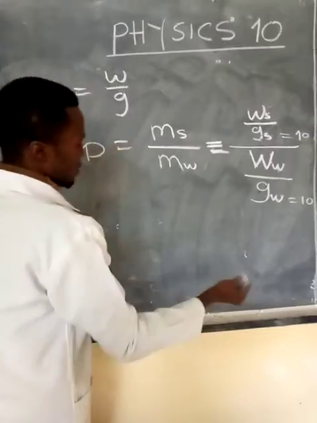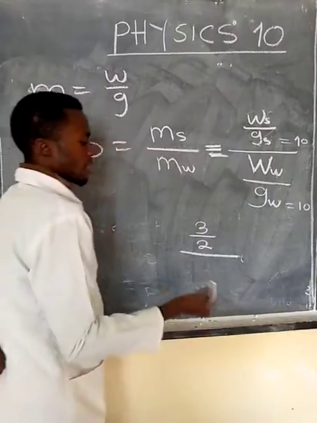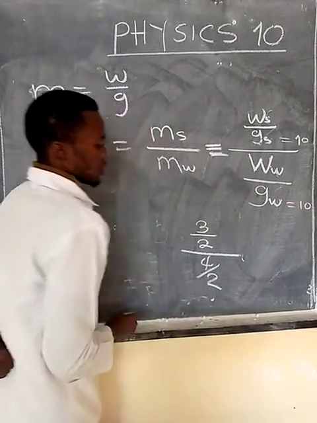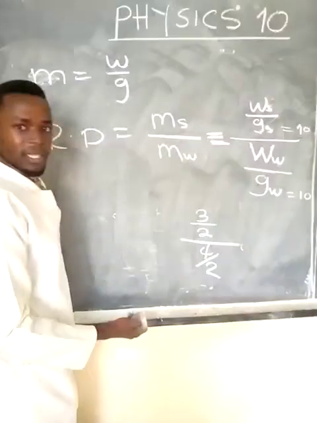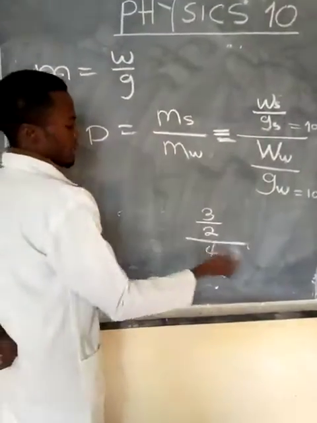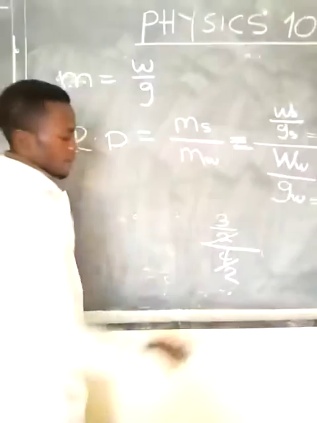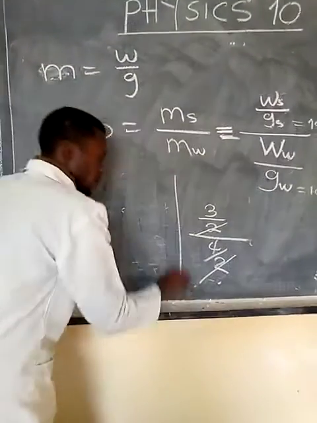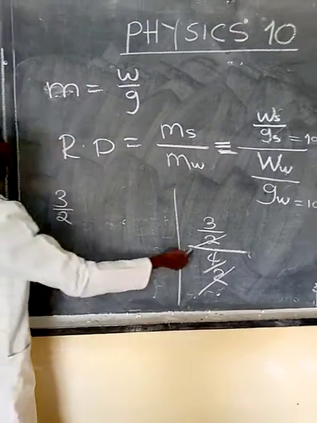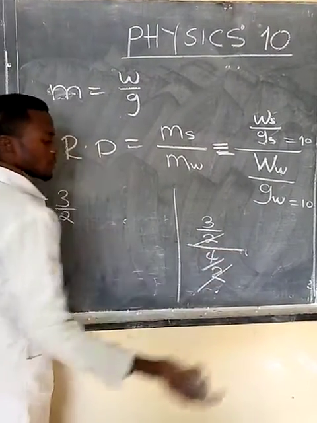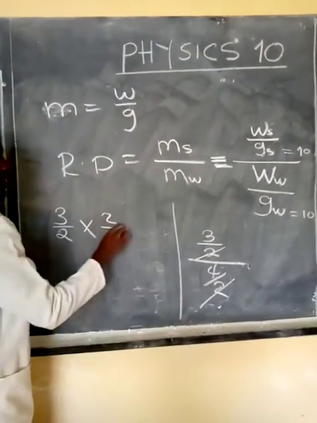If you have something like 3 over 2 over 4 over 2, we are simply saying this fraction divided by this fraction. Instead of doing all those calculations, you just cancel, since the denominators are the same. If you want to prove it, you say 3 over 2, then when you change from division to multiplication, you invert the fraction, so it will be 2 over 4.